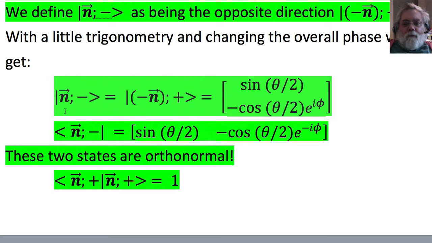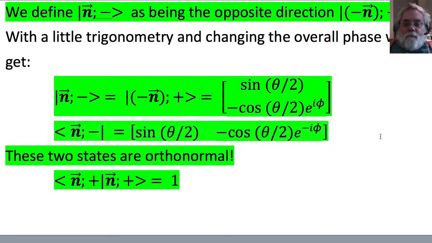That n in the minus direction is the column vector sine theta over 2, minus cosine theta over 2 e to the i phi, and the bra form is the row vector sine theta over 2, minus cosine theta over 2 e to the minus i phi.